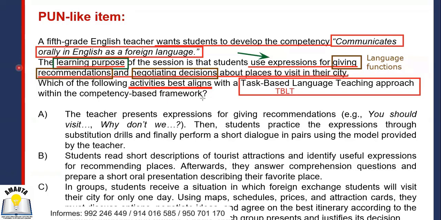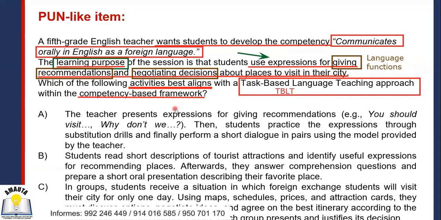Yes, as I said, everything is related, connected, and it is definitely connected with the competency-based approach or framework. One more time, which of the following activities best aligns with TBLT and the competency-based approach?